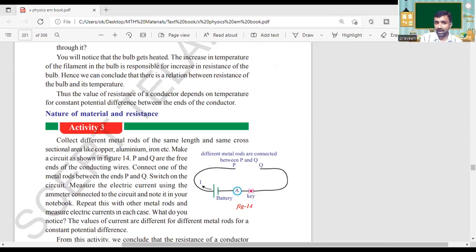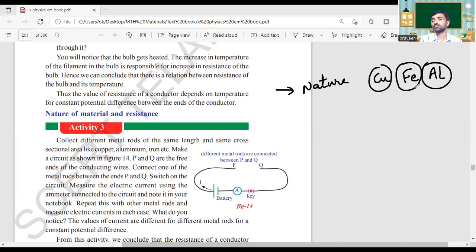Now I want to know about the importance of the nature of the material. That means copper wire, iron wire, aluminum wire: which has more resistance, which has less, or if they have equal resistance, maybe, I don't know.